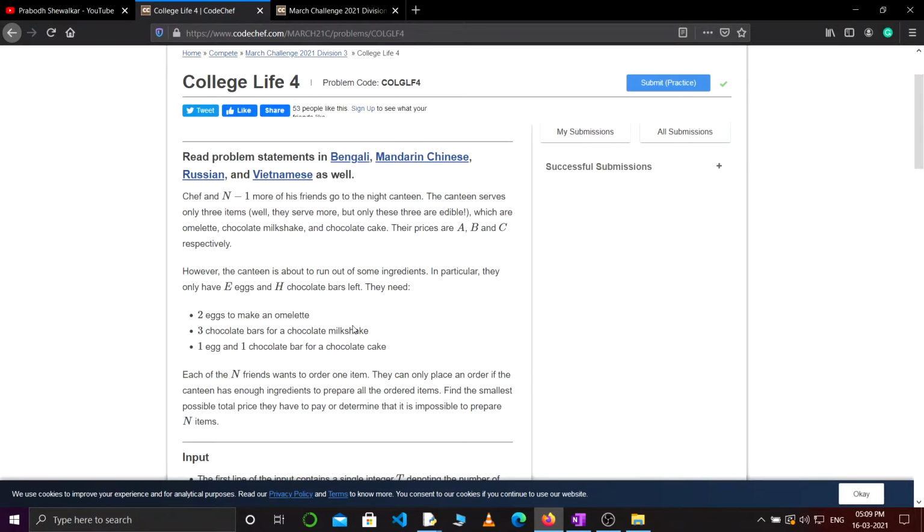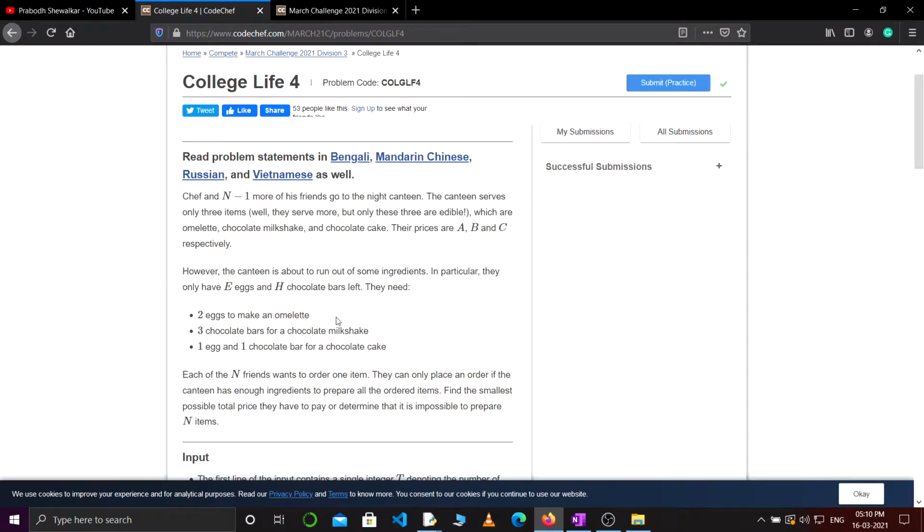Then in the next iteration, we'll decrease the number of cakes. As we decrease the number of cakes, the available number of eggs and chocolates will increase by 1, isn't it? So with those available eggs and chocolates, we can order again either omelette, milkshake or both, whichever is the cheaper.